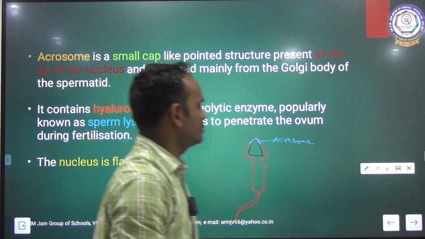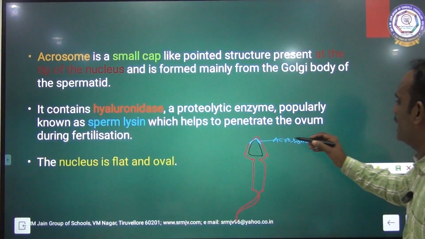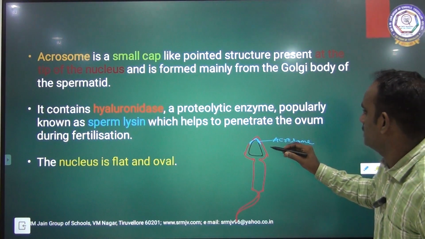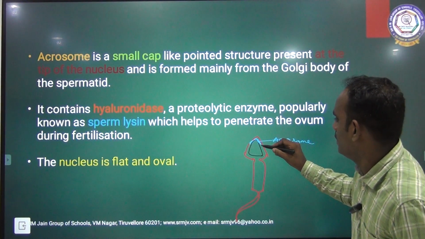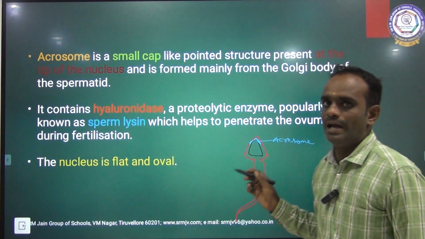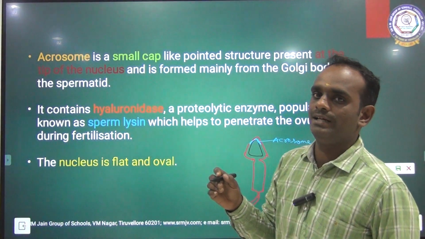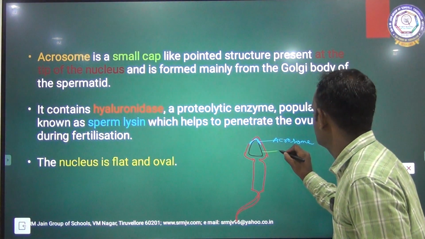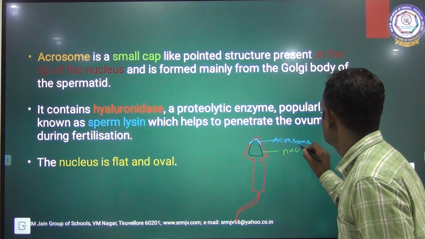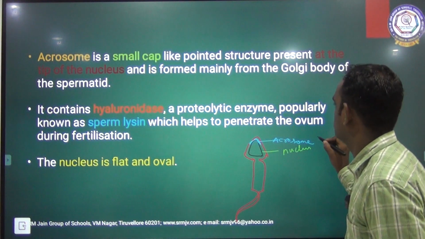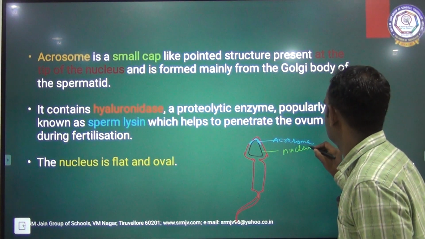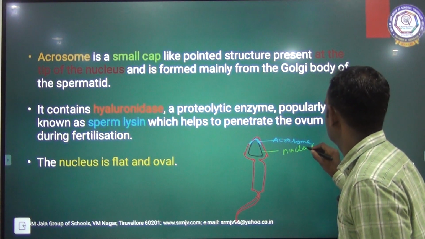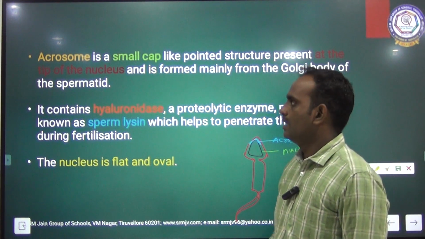The acrosome is a small cap-like, pointed structure present at the top of the nucleus. This is the nucleus.